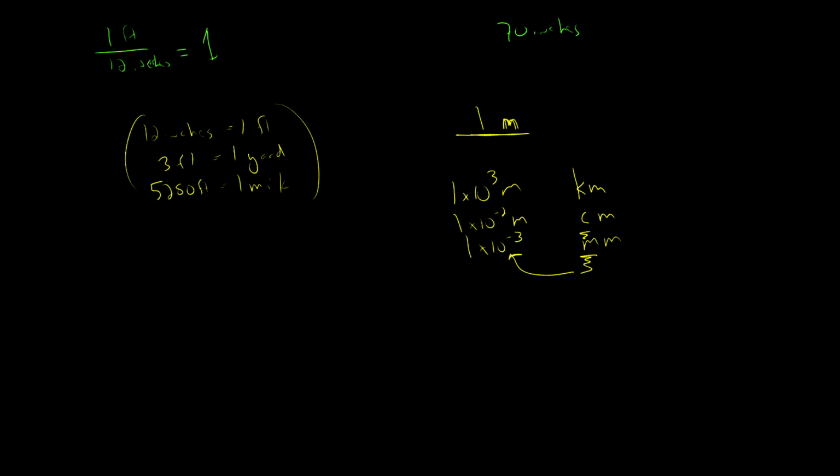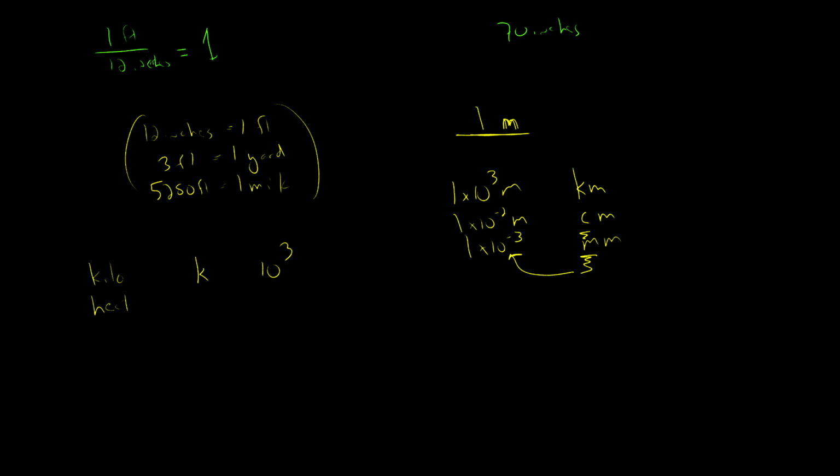And so commonly we have k for 10 to the 3rd, and that's kilo. And then we have hecto, which is 10 to the 2nd, or multiplying by 100.